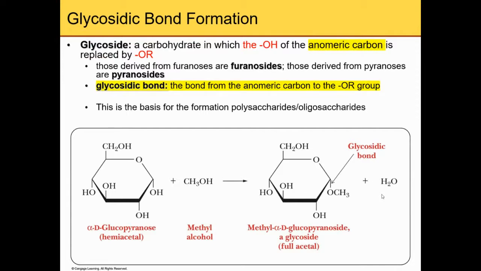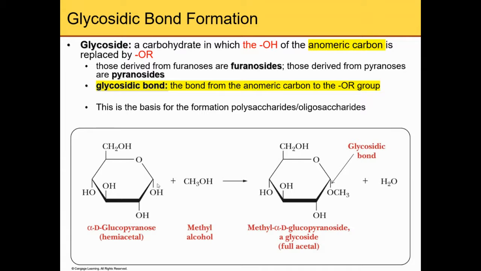And the glycoside is a carbohydrate in which the hydroxy group of the anomeric carbon is replaced by the OR. Okay, it's replaced by the OR, it's a glycoside. And so glycosidic bond, that's a bond from the anomeric carbon to the OR group.